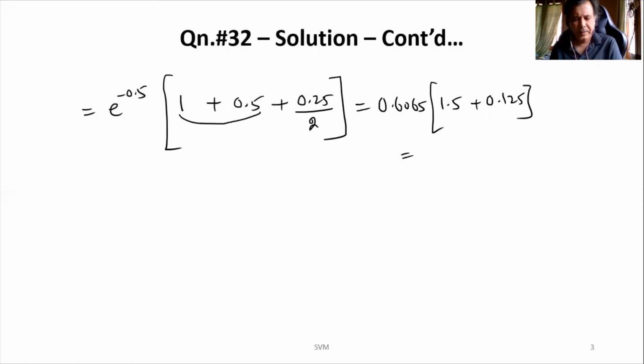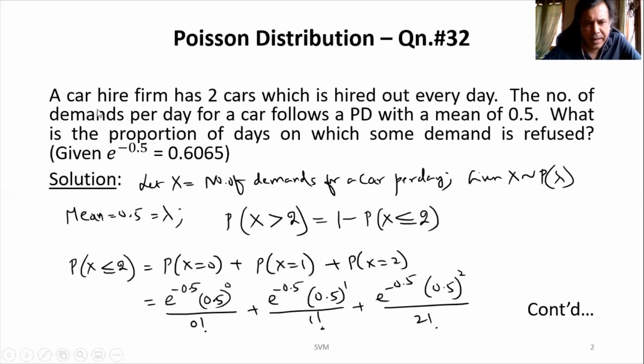So if we calculate this, we get what? 1.5 into 0.6065. That works out to 0.9856. I'm rounding off. But what is the required question? What is the question actually? Question is to find the probability of x greater than 2, which is I have to subtract whatever probability I got, I have to subtract it from 1.